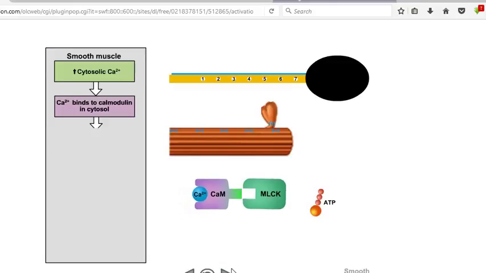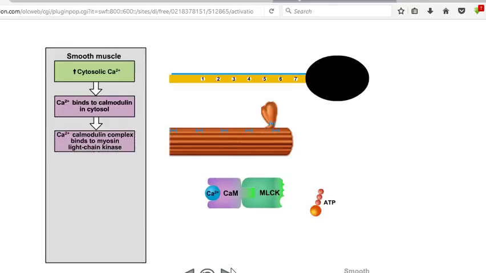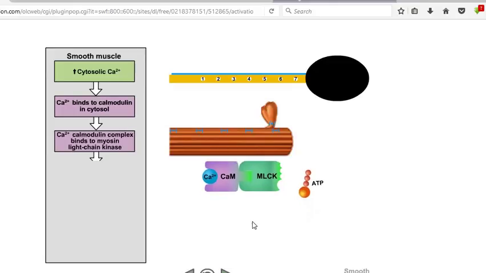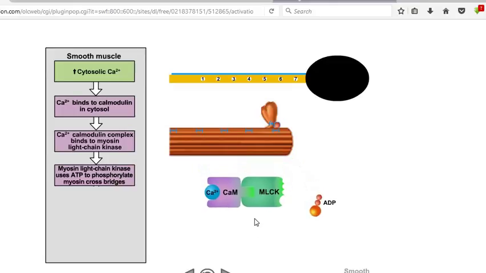It activates myosin light chain kinase, and what is the function of myosin light chain kinase? It is easily understandable that its function is to phosphorylate myosin light chain by using ATP, right? So by using ATP, myosin light chain kinase phosphorylates myosin light chain, and when myosin light chain is phosphorylated, it becomes active.